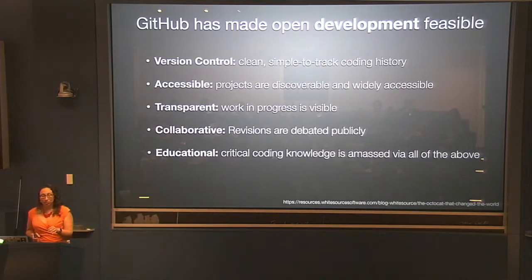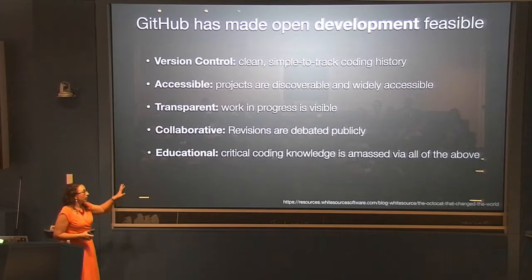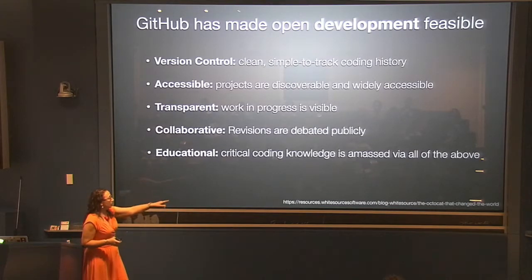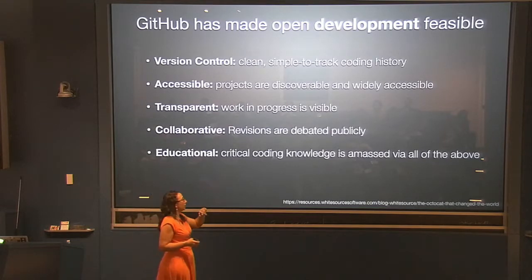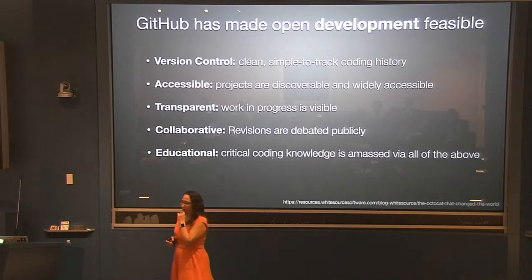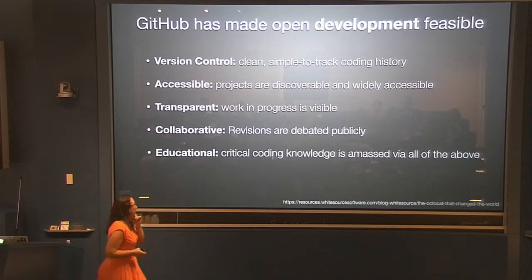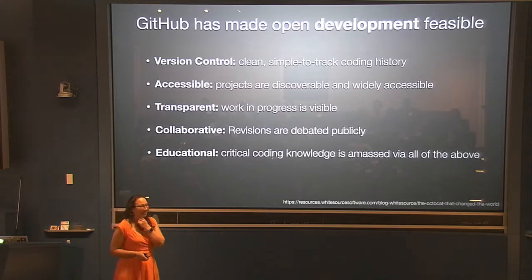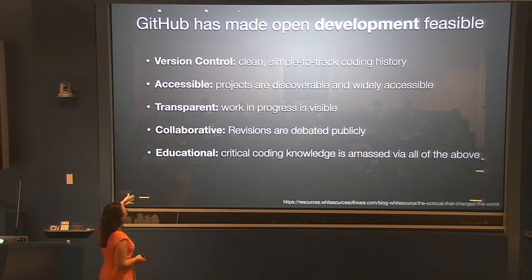One of the other things which I've added to this list, and didn't take from this really excellent article, The Octocat That Changed the World, which talks about the impact of GitHub: I learn a lot by looking at people's code on GitHub. So it's a really great educational tool. All of the above things, that is accessible, transparent, and collaborative.